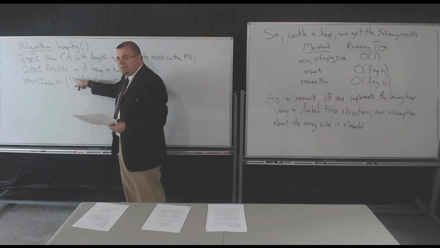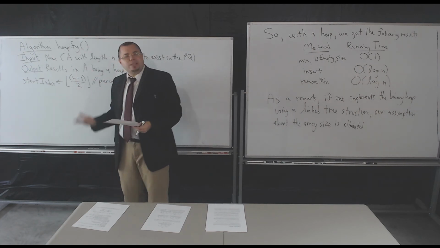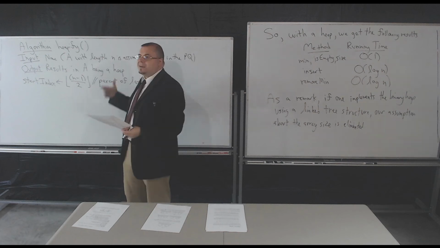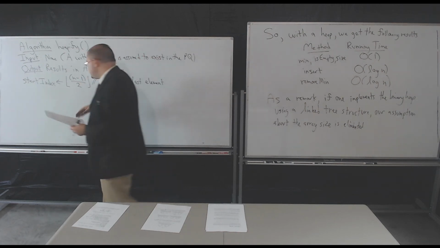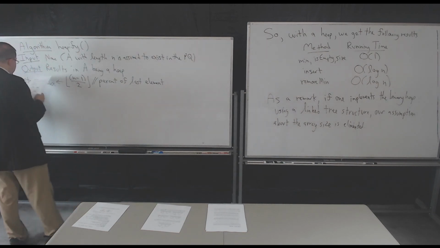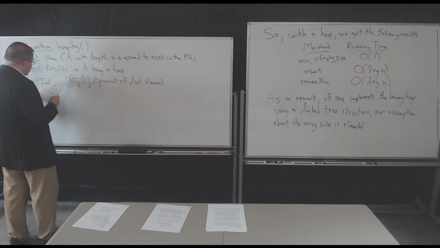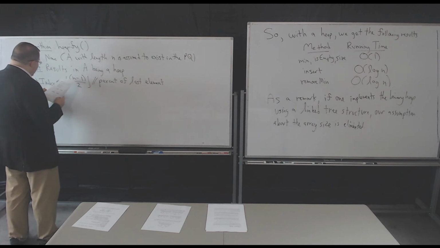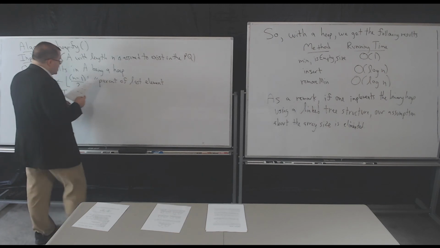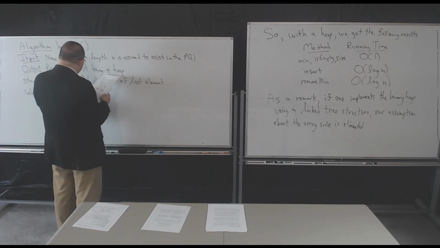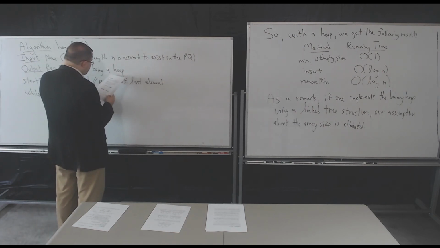Remember we just said that if I give you some location in the array, how do I get its parent? Well, I take that index, minus 1, divided by 2, and I round it down, right? That's the start index. Remember, that's just the parent. So I'm going to start off there. And while the start index is greater than or equal to 0, you're going to do the following.